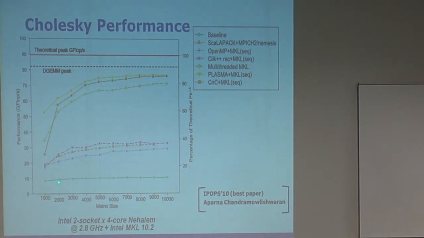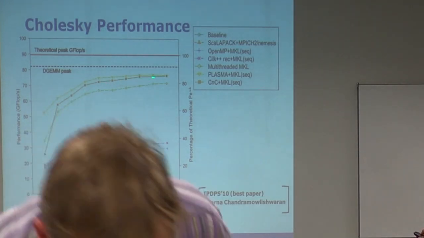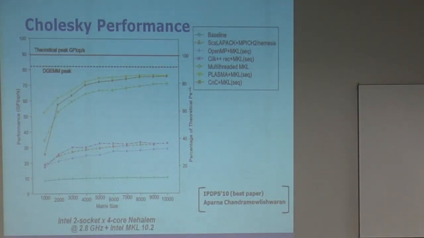This is the serial performance. These three are Cilk, OpenMP, and ScaLAPACK down here. And up here, CnC is the red one here, and that's up there with multi-threaded MKL and PLASMA.